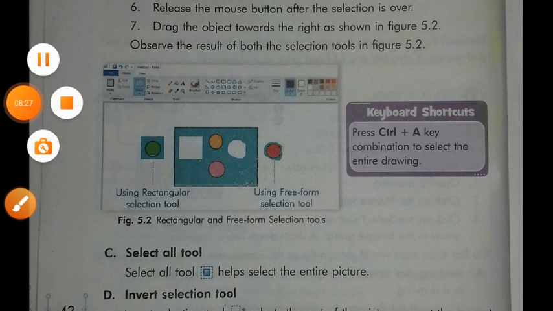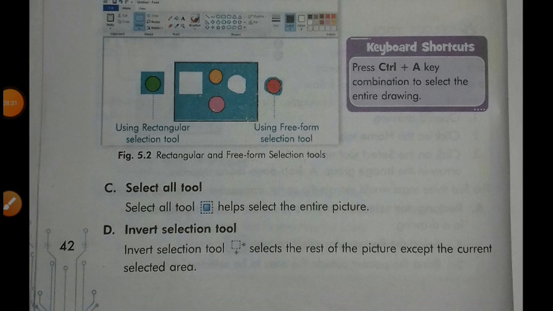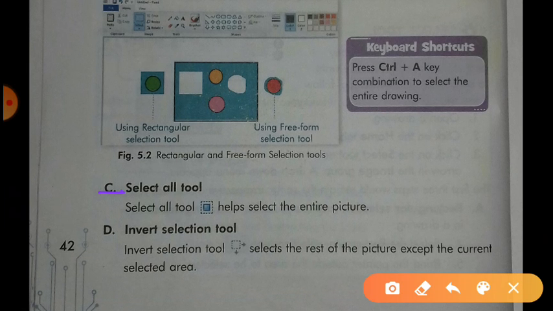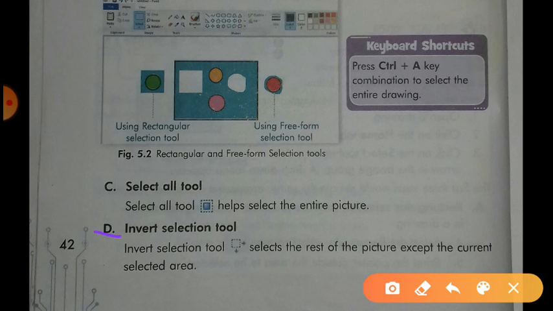Okay students, now C is the select all tool. The select all tool helps select the entire picture. And D is the invert selection tool.